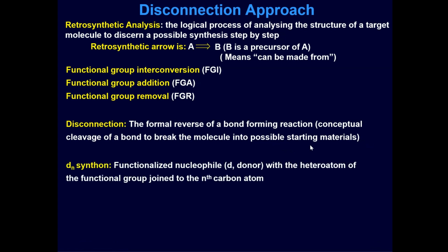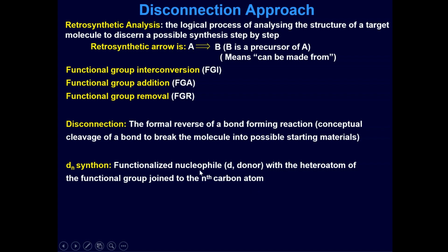When we cleave the bonds, we will get synthons. Synthons are nothing but the fragments, the broken parts. The synthon can be a DN synthon, meaning a functionalized nucleophile. D represents donor.